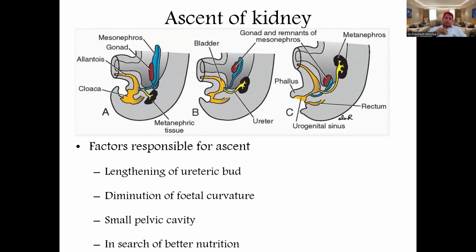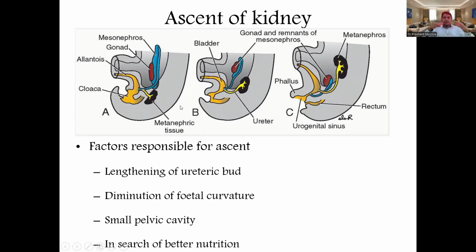The pelvic cavity is also smaller in size. So as the developing kidney grows, it grows upwards, and obviously in search of better nutrition.